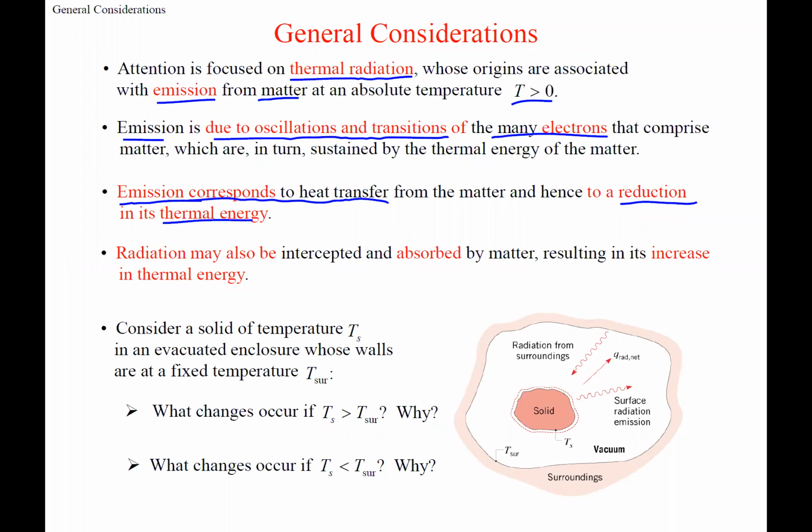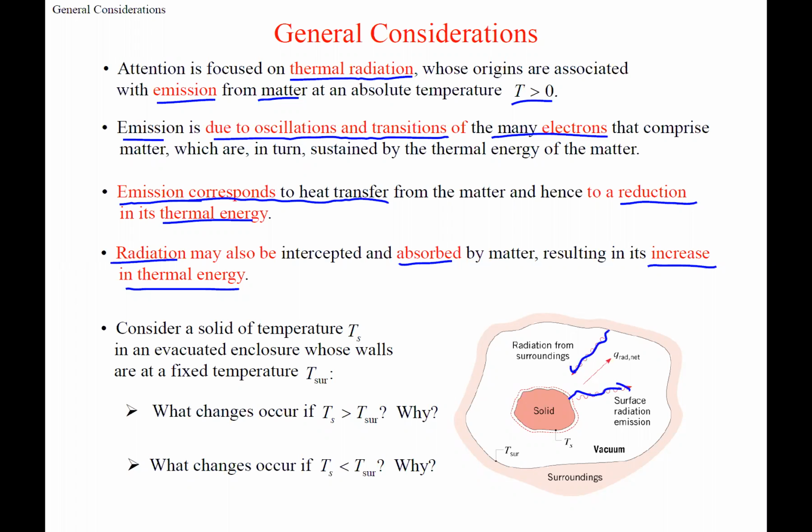But as I said, radiation can also be intercepted. You have that irradiation. It can now be absorbed, okay? And this increases the thermal energy. So now you have this emission, what's leaving, and you have this radiation or irradiation, what's coming in, okay? And that's what you see down here, right? We have what's leaving, and then we also have from the surroundings what's coming.